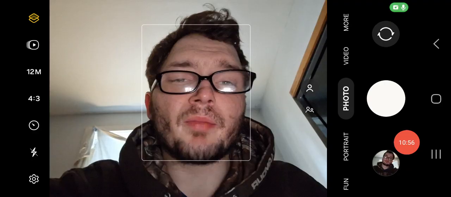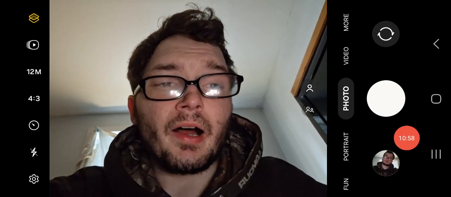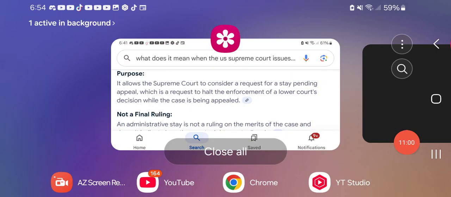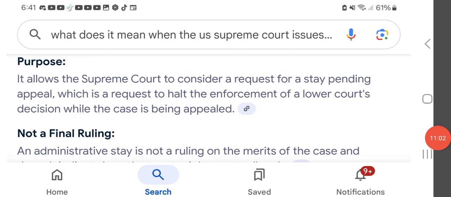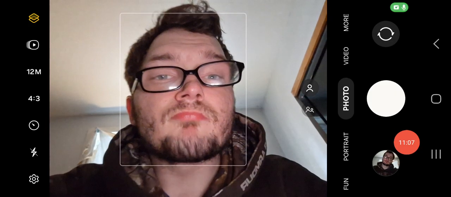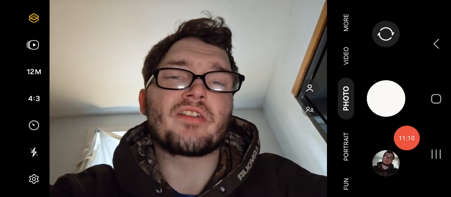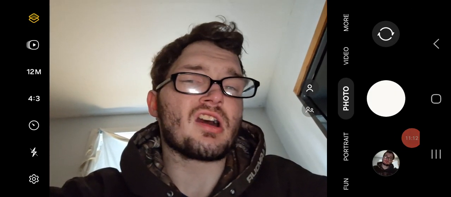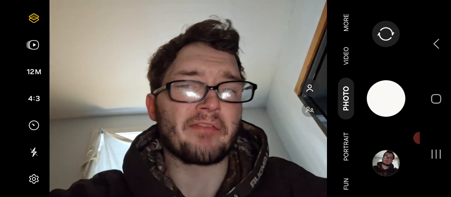Ladies and gentlemen, we're about to hear the purpose, as well as the heading that it is not yet considered a final ruling.